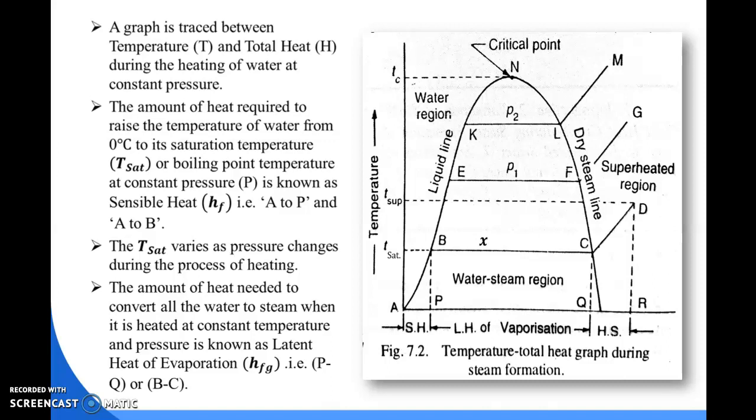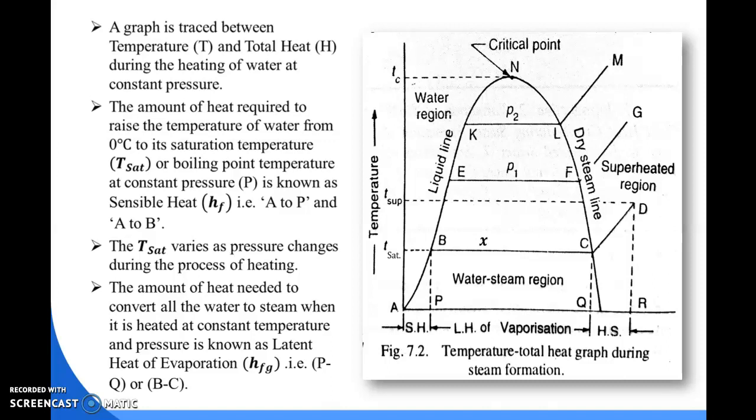So it is very difficult to remember all the data of steam when it is heated from 0 degree to its critical point. That's why a data book has been developed in which all the values of enthalpy, specific volume, internal energy and entropy are included.